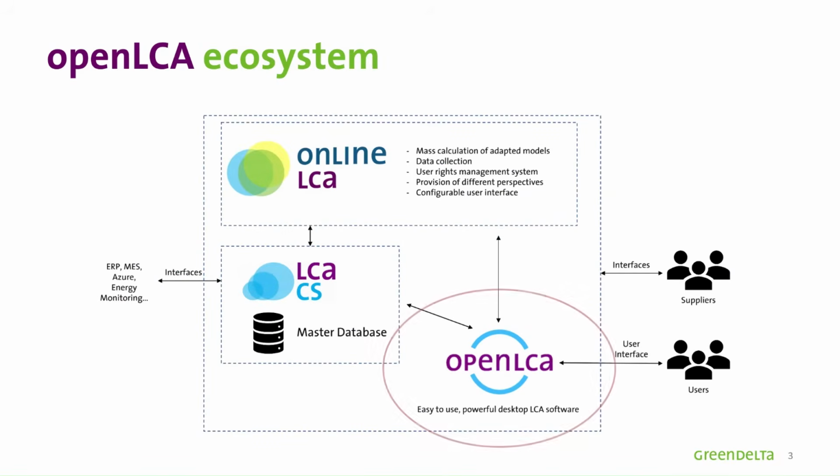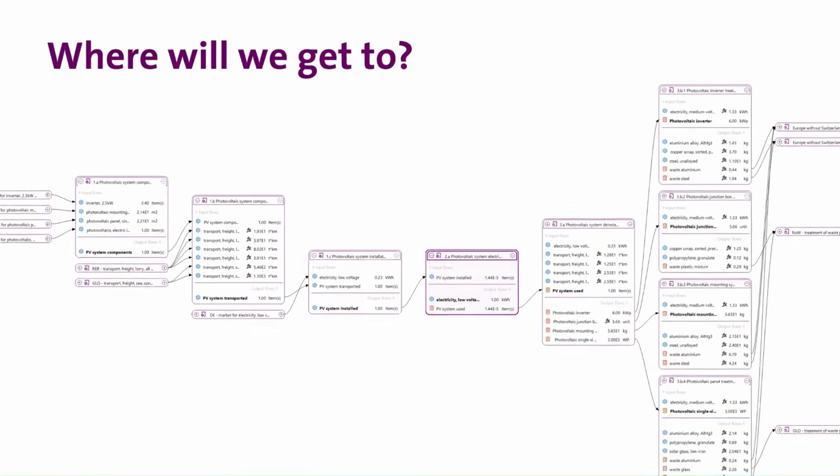So today, indeed, we are going to focus on openLCA itself, but just so that you know, there are other tools within the openLCA ecosystem, such as the LCA collaboration server and online LCA. So today we are going to get to this. We will obtain the whole life cycle of a photovoltaic system.